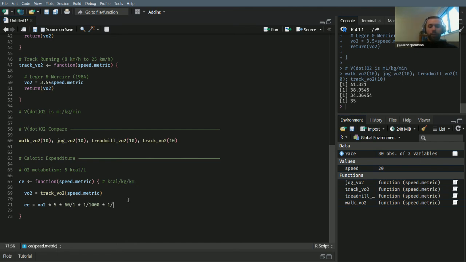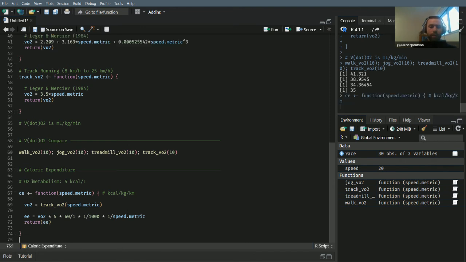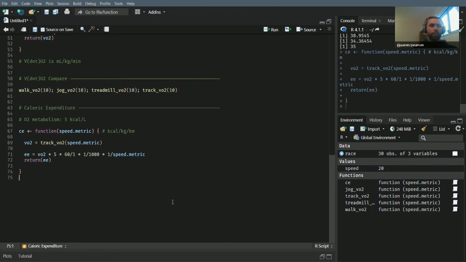And to do so, we can then calculate our caloric expenditure for any given duration. So speed metric. And then we will return our energy expenditure. Go up here, Control Enter, and now we have that function.